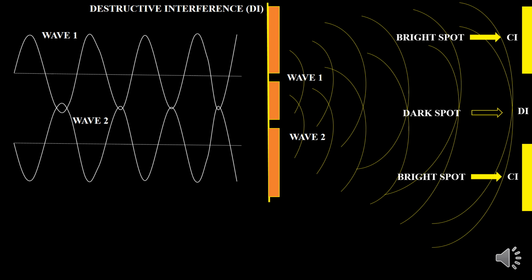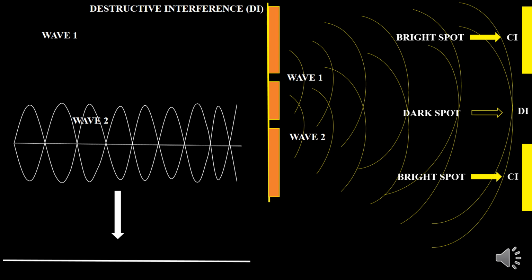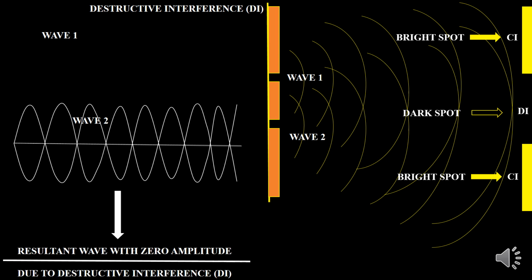And why do you get the dark spot during destructive interference? Let's find out. Now, during destructive interference, when the two waves combine, overlap, or merge, the resultant wave has a zero amplitude, and this is due to destructive interference. Now, why do you get a zero amplitude during destructive interference?